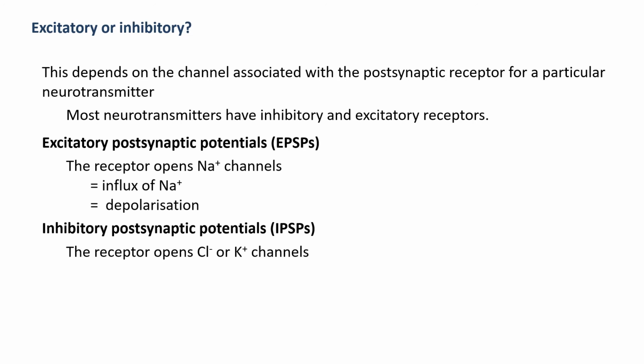So we can probably work out which way each of these is going to go. Yes, an influx of chlorine with its negative charge will cause hyperpolarization, or an efflux of potassium with its positive charge will also cause hyperpolarization. Remember, this is just local hyperpolarization.